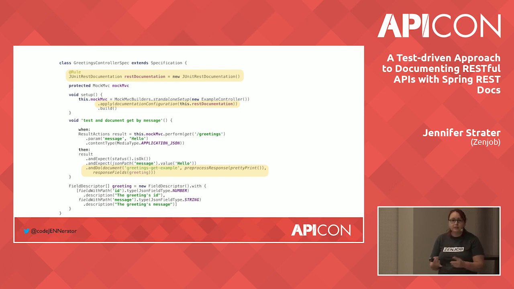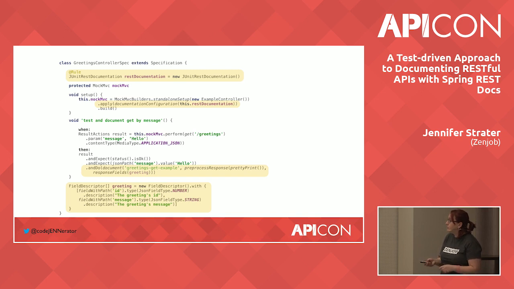So pretty printing is a pretty good example of processing of the response that comes back. And then you can verify against the fields. This is, of course, going to get repetitive, so you probably want to define some structures of what your data models will look like, but at least you only do it once in the test rather than having to repeat that everywhere in your source code.